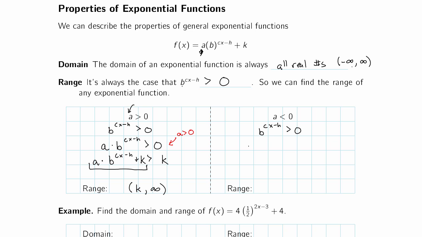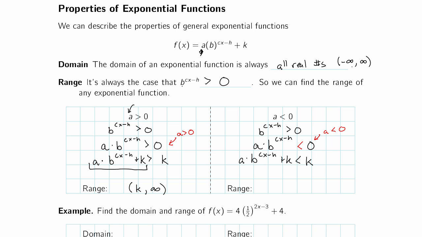But now when we multiply both sides by a, that reverses the inequality. And that happens because a is negative. And then we add k again, and we get that the value of our function is always less than k. Again, that coefficient being negative is what reversed that inequality.